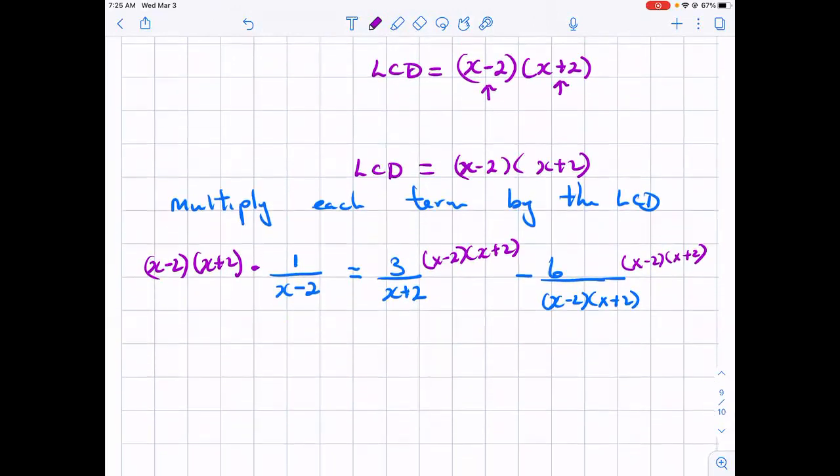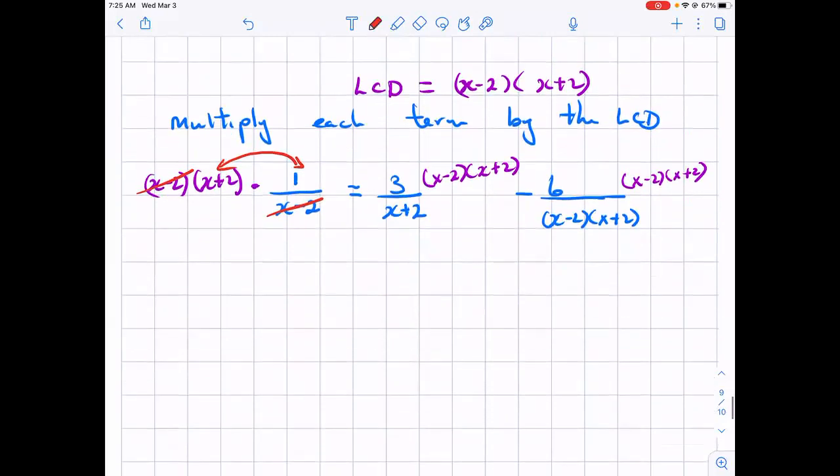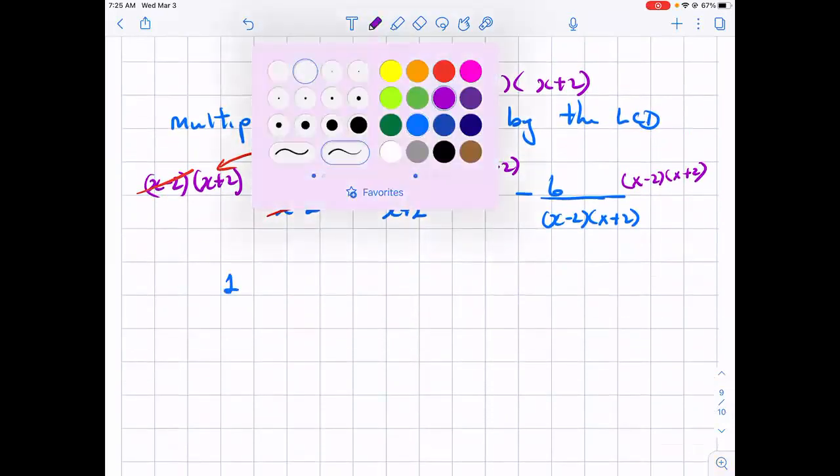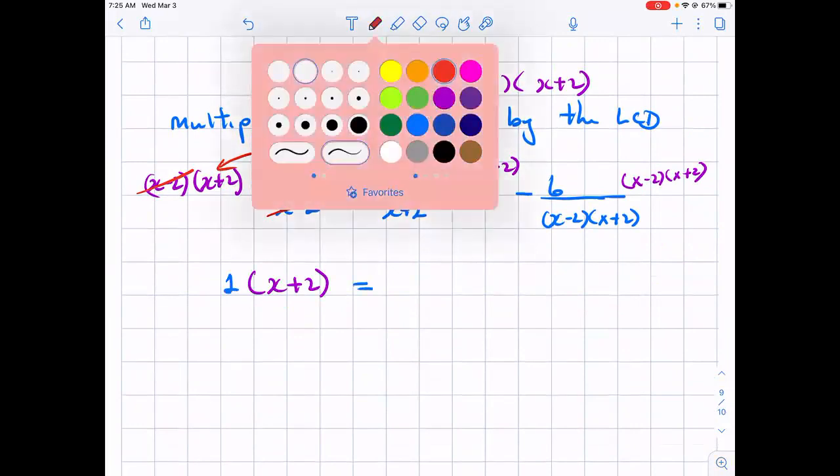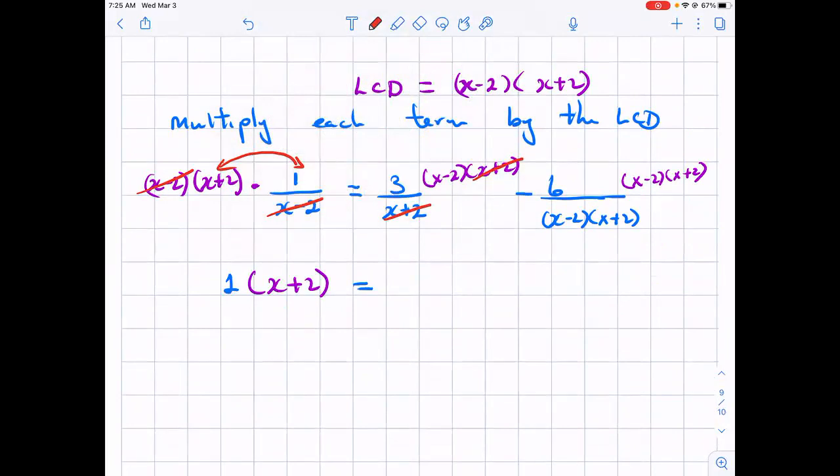Okay. Now, as you multiply this, you will observe that the x minus 2 cancels with the x minus 2. So you're left with x plus 2 times 1. We're left with 1 times x plus 2. And that is equal to, notice in this scenario, the x plus 2 will cancel with the x plus 2.